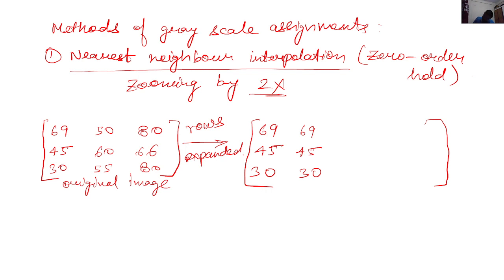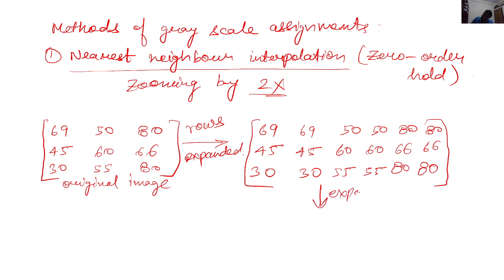We will duplicate it again: 50, 60, 55, 50, 60, 55. The third column of the original image, we will duplicate it again: 80, 66, 80, 80, 66, 80. So these are the columns expanded.